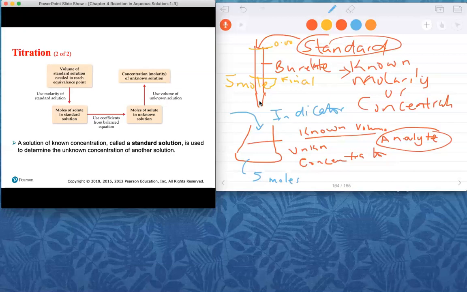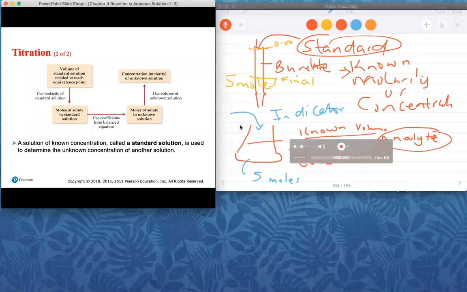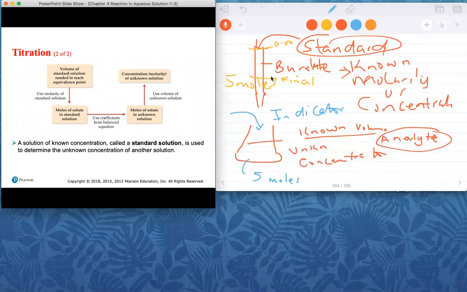This is the buret, and this is what we call the stopcock. When it is perpendicular, it is closed, and the volume starts from 0 to 50 or 25, whatever you have. I don't know if you can hear me. No one is responding. Can you see? I know you see this. So this is the same one we have here. We call this the stopcock. When it is perpendicular to the parallel, it is closed.